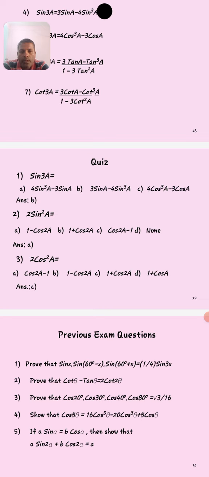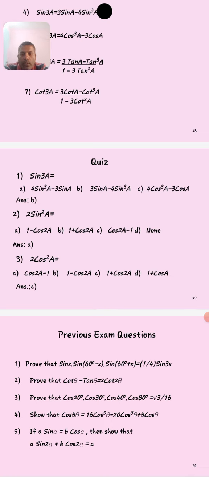Number 3: prove that cos 20 cos 30 cos 40 cos 80 equals root 3 by 16. You have to split the angles like cos 40 plus 20, cos 40 minus 20, that is cos 60 plus 20 and 60 minus 20. We get the cos of a plus b into cos of a minus b formula.